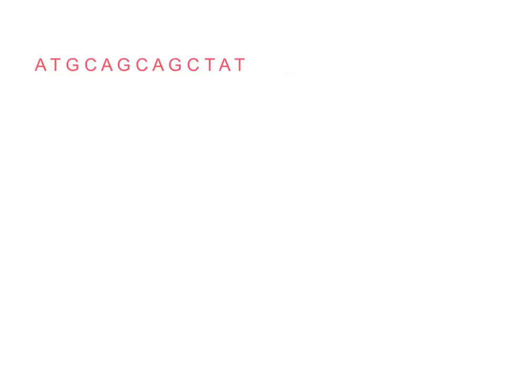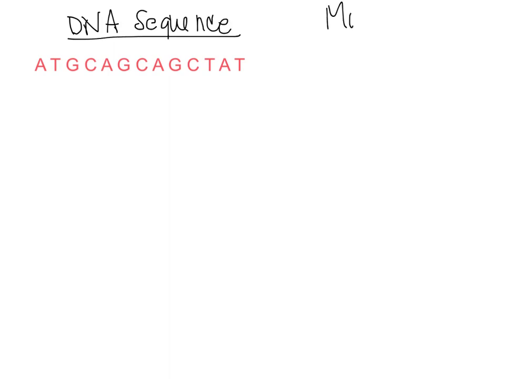So to review what we've talked about, what I would like you to do is take this original DNA sequence, and this is the normal, and I would like you to make some sort of mutation. You can select from a frame shift or a point mutation, so you can do a substitution, insertion, or a deletion.